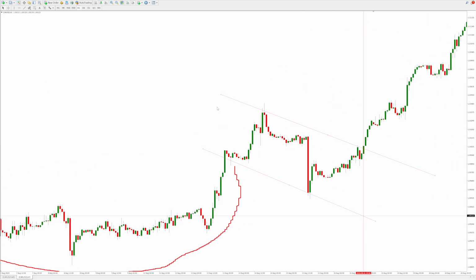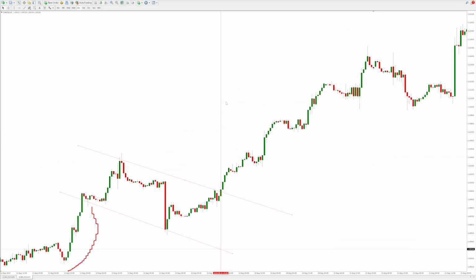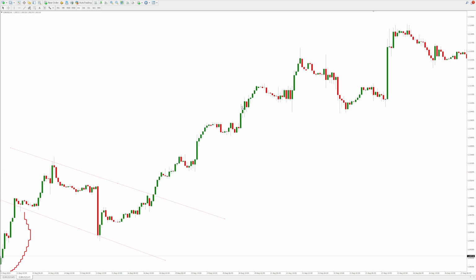We'll zoom in a bit and get a closer look at the entry. So you can see the handle touched, and the breakout here. This would have been a nice time to enter this trade based on this particular candlestick pattern.